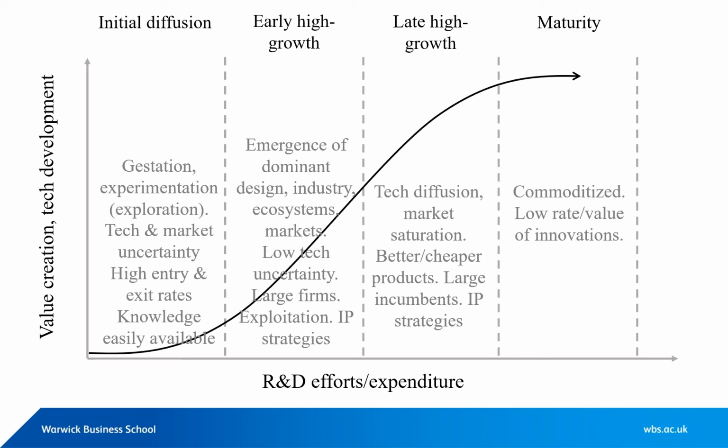We also notice openness and cooperation in the industry. In the early high growth phase, we witness emergence of the dominant technology and product design, industry, various ecosystems to innovate and commercialize the innovative products and markets. Technological uncertainty has reduced. Large firms enter the industry.